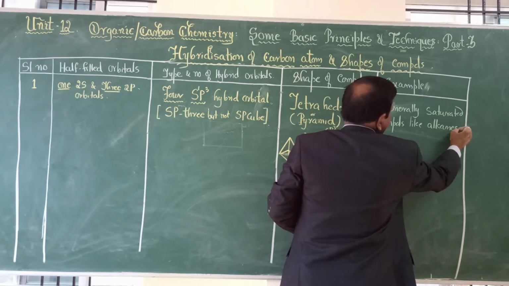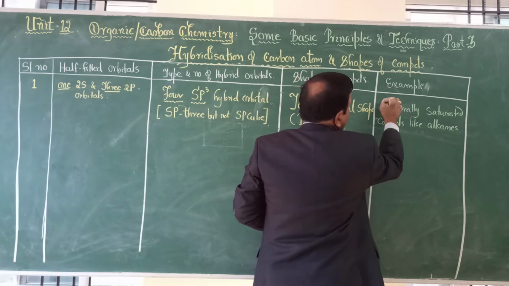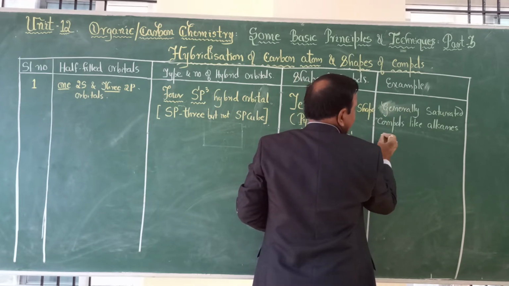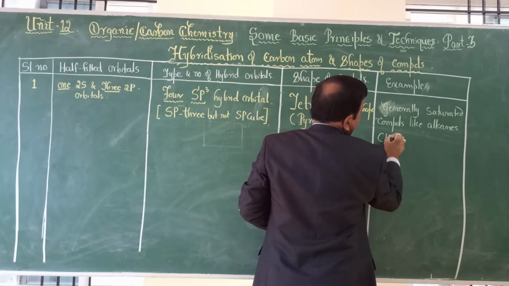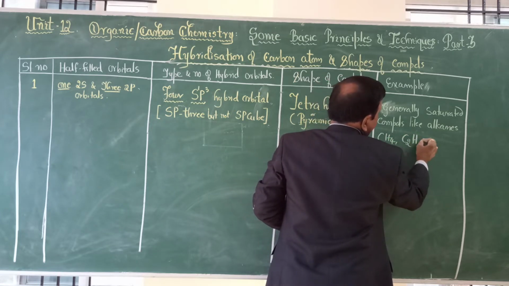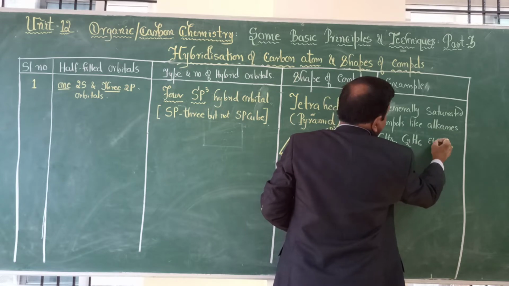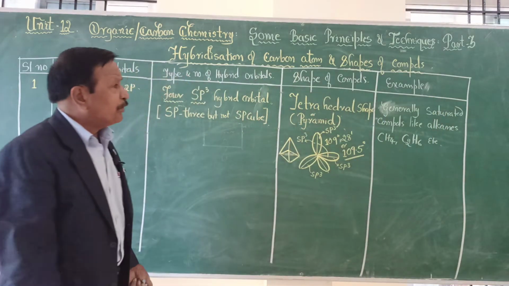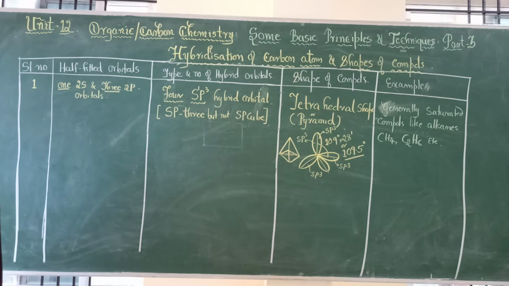Example, if you want particularly alkanes, okay, methane, ethane, etc. Okay, we are going to get this type of hybridization.